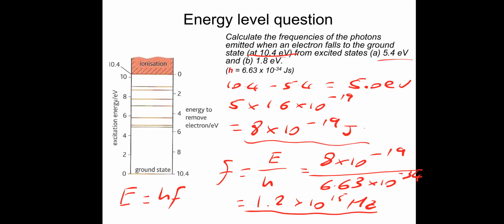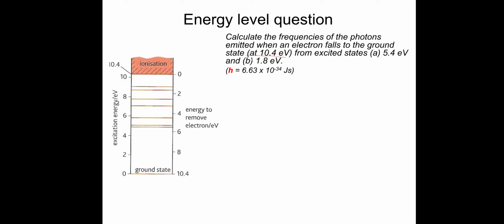Let's do the next one. Hopefully that went okay. So the next one, we go from the 10.4 eV to the 1.8. So we need to do 10.4 eV minus 1.8 electron volts. And that gives us a change in energy of 8.6 electron volts.